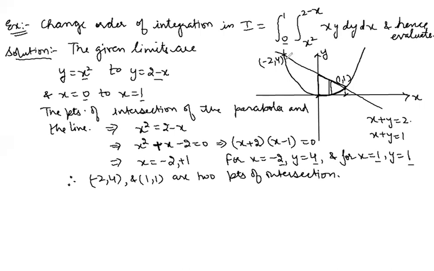Can anyone tell me, if I have to take this whole region, where will be the change in the limits? And what is that change? You can record your answers.